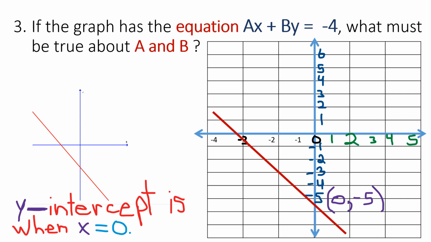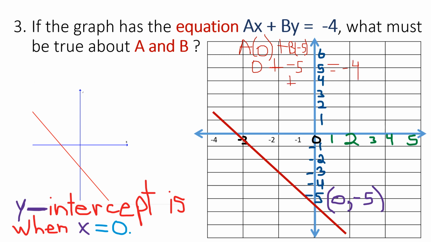So you plot your points, and you put your value here: a times 0 plus b times negative 5 equals negative 4.